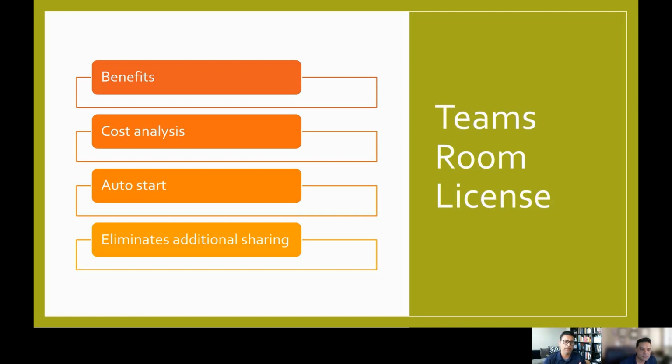I believe, Pulin, you also have done a video on explaining some of that in detail. So it'd be a good idea for folks who are watching this to also look at that video. But if you don't get the room license, that's still okay. You can still use the hardware and connect manually, right?